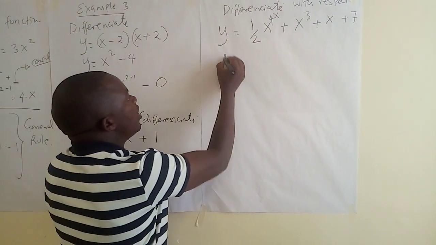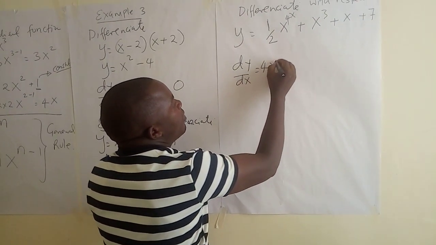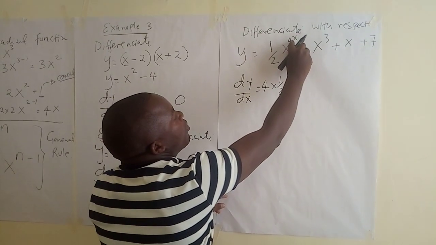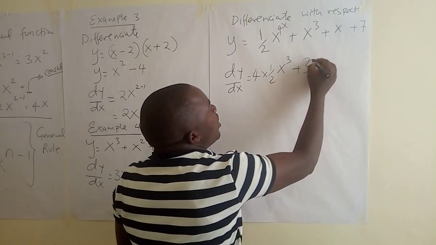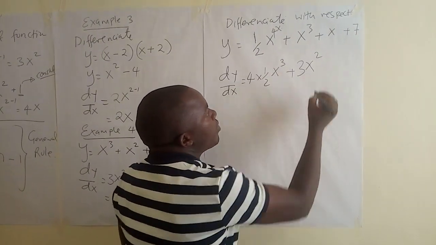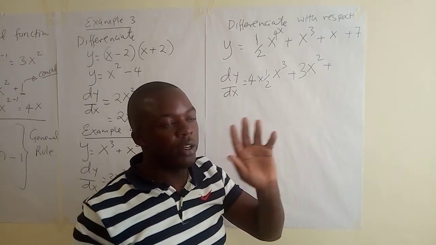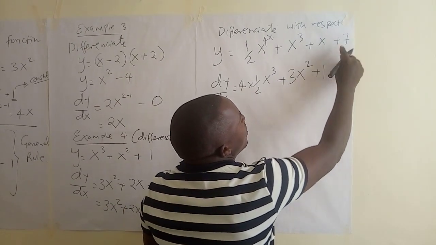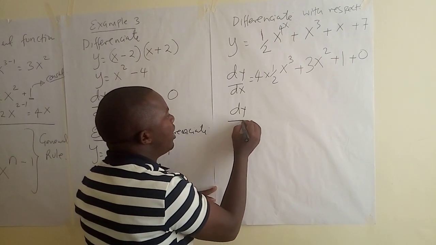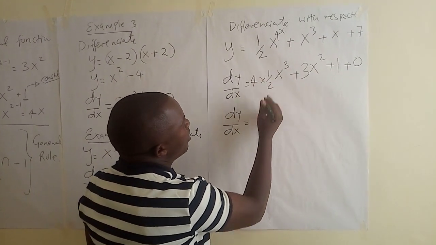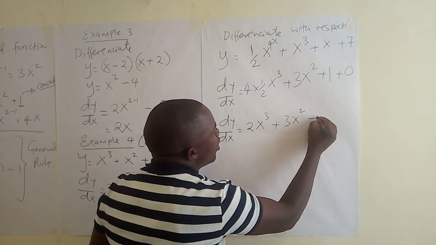So dy/dx is going to be, you bring 4 here, 4 times a half x, you subtract 1 from 4, it becomes 3, plus, you bring 3 here, 3x, you subtract 1, it's 2, plus the derivative of x, which is 1, so plus 1, plus the derivative of 7, which is 0. So dy/dx is going to be 2x cubed plus 3x squared plus 1.